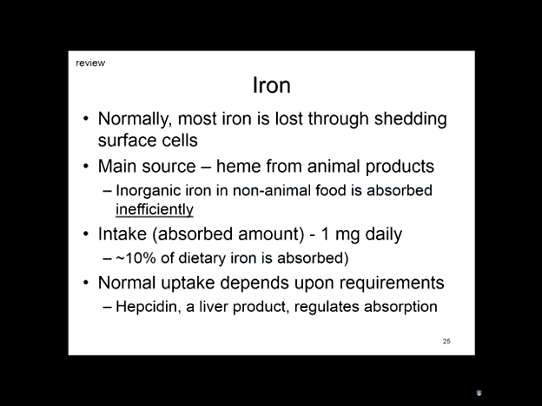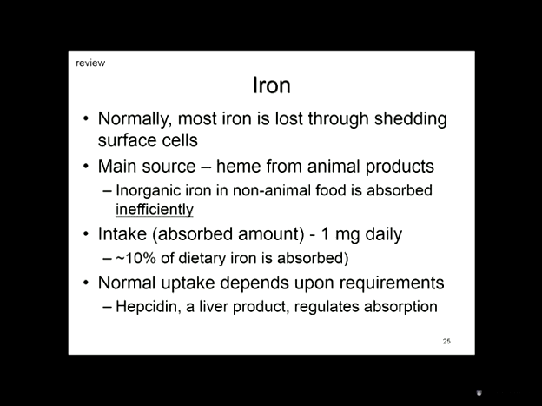All right, I'm just going to remind you a few things because this is important also for us when we take care of ourselves. So we lose most of our iron just because cells are shedding. Your skin cells are shedding, cells lining the GI tract are shedding, cells lining the airways are shedding. When you think about all the surfaces through which we can lose cells, that's a lot of surfaces, and I'm sure someone already calculated how many square meters that is.